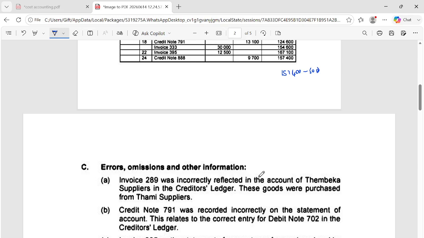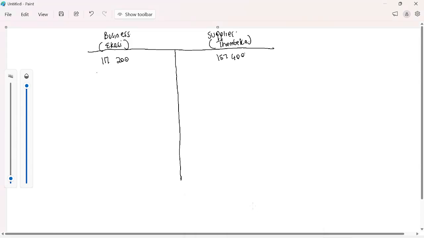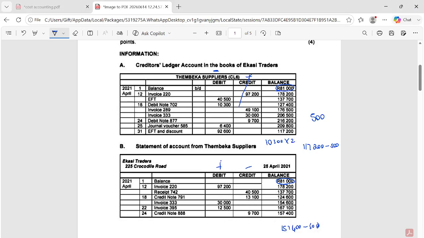So invoice 289, which is here, we shouldn't have recorded this amount because it does not relate to Temberg. So we must subtract it, because if it is increasing, how am I going to cancel it? I'm going to minus 49,100. Right?